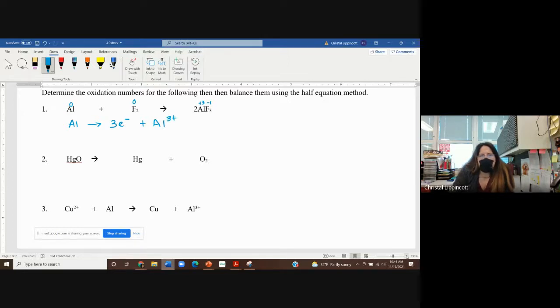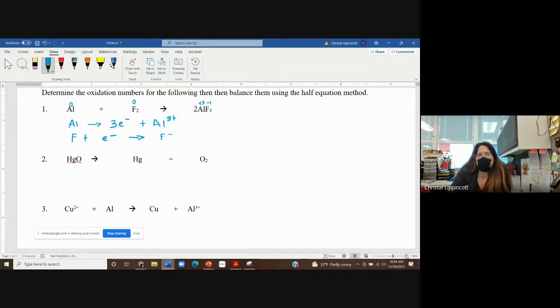F plus electron is going to then form into F -1.